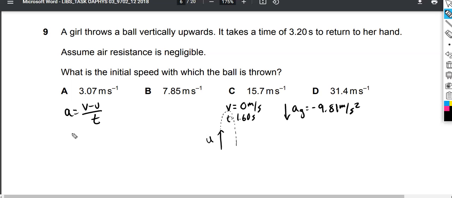We could say that v equals u plus at. And we could say that 0 equals u minus 9.81 times 1.6.